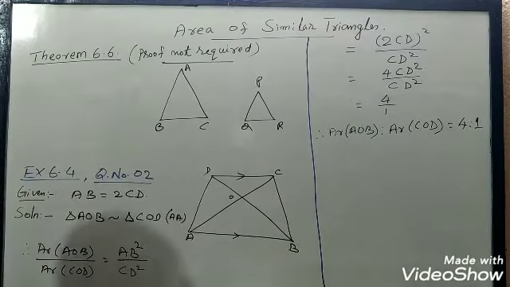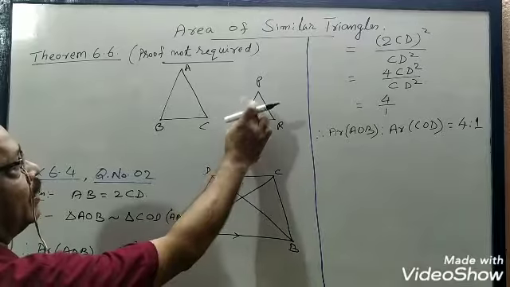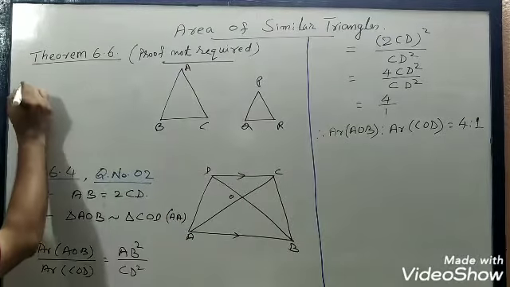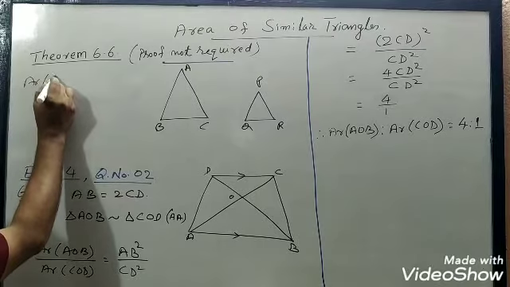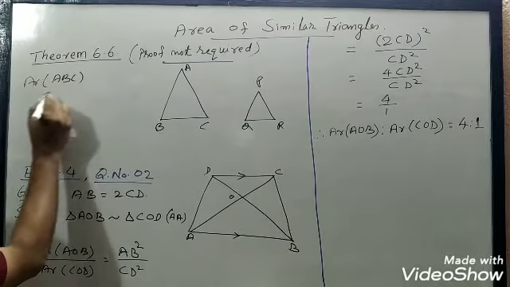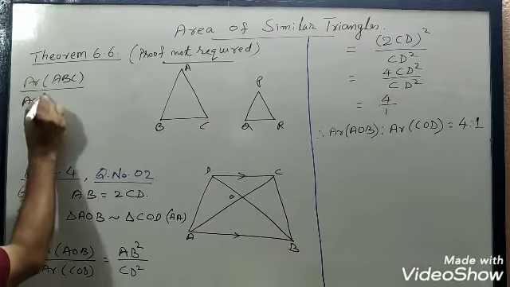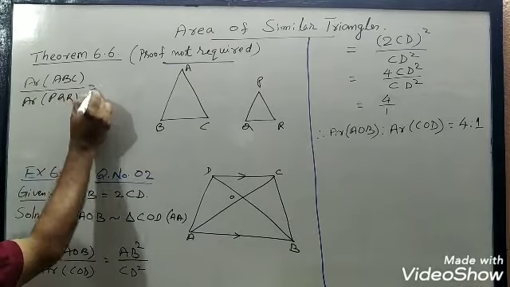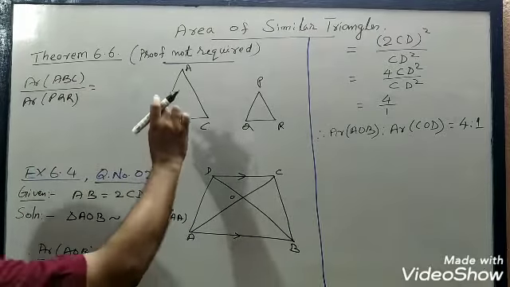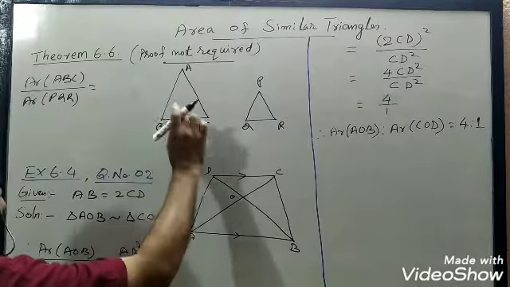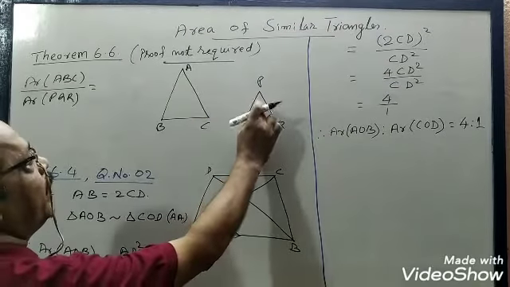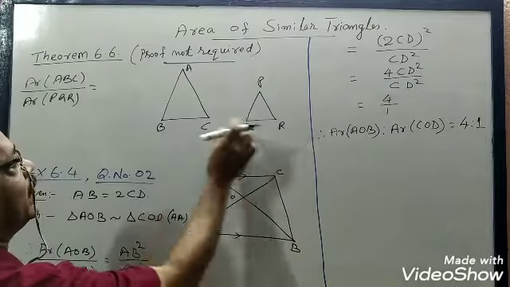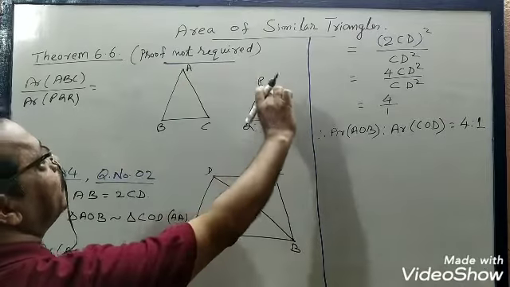Then the theorem says that area of triangle ABC by area of triangle PQR will be equal to the square of their corresponding sides. What are the corresponding sides? ABC is similar to PQR, then the corresponding side of AB is PQ, BC is QR and AC is PR.